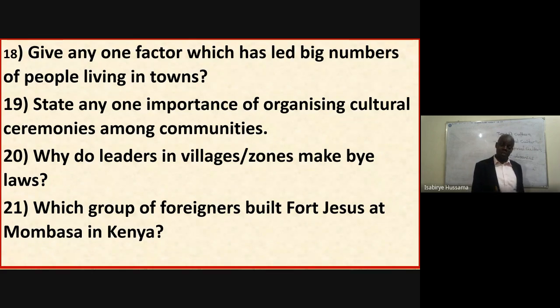Then after general secretary, we start a line of secretaries. Secretary for women, secretary for defense, secretary for finance, secretary for persons with disabilities, secretary for the elderly, and many others. So may I call upon one candidate from Senkunja Ismail to mention 4 members found on the local council 1 committee executive.